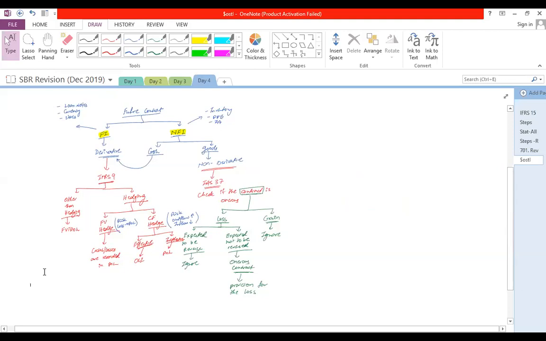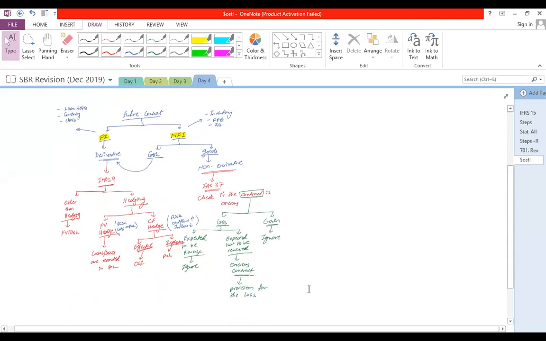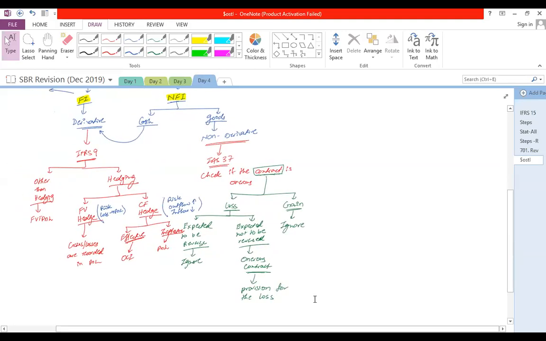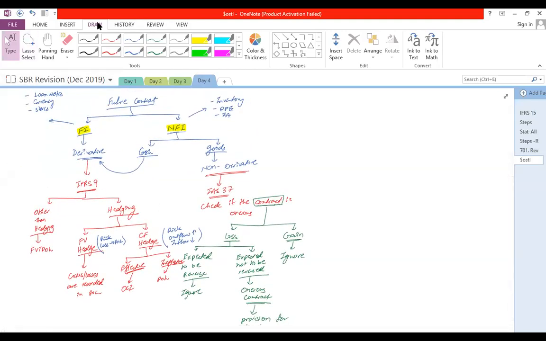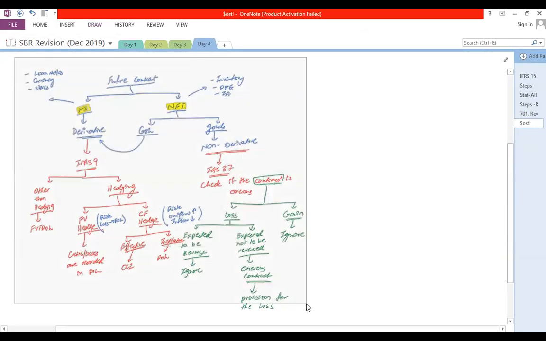So this is the overall summary, which is important when we talk about hedging. You can take a snapshot of this area because this is the most important one, from here till over here.